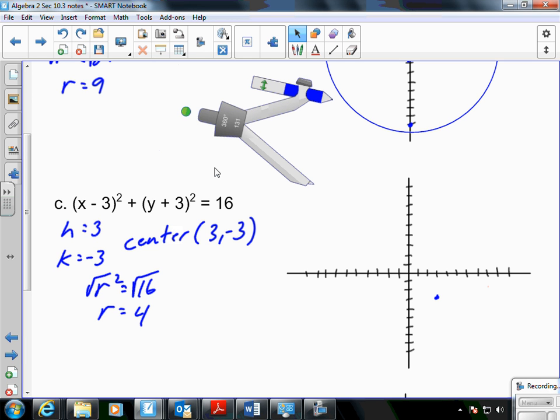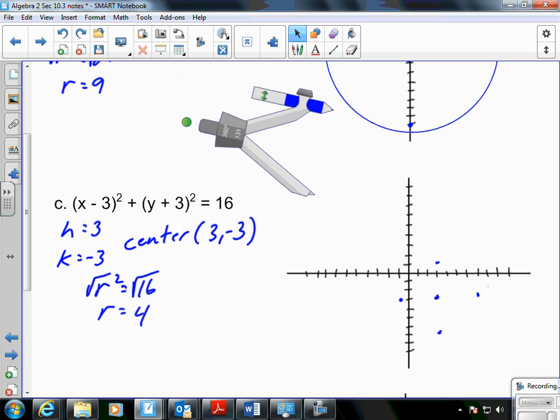So now that means that in each direction from that point, I'm going to go 4. So 1, 2, 3, 4. 1, 2, 3, 4. 1, 2, 3, 4. And 1, 2, 3, 4.